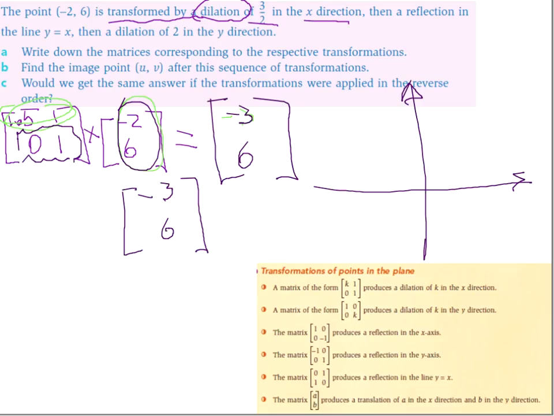So the point was somewhere there, negative 2, 6, and became point negative 3 and still 6. Okay, so all that happened, the point was moved to the left. So instead of negative 2, you have negative 3.